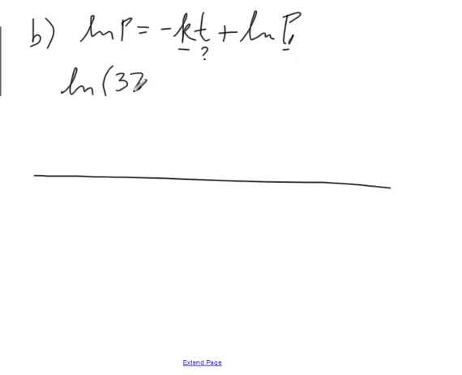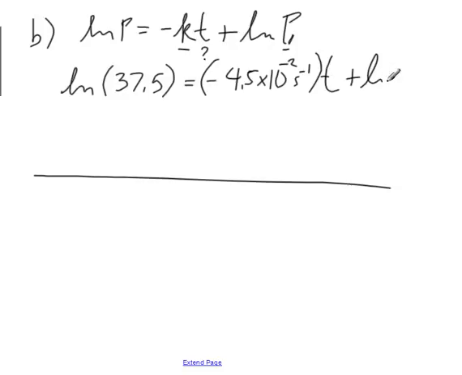37.5 equals negative 4.5 times 10 to the minus 2 seconds to the minus 1 times t plus the natural log of 375. Okay, this question's easier to solve.